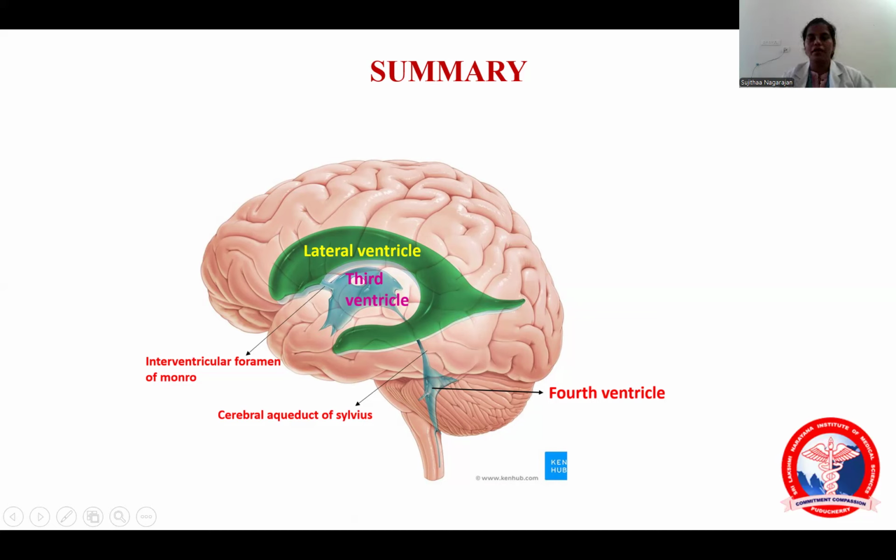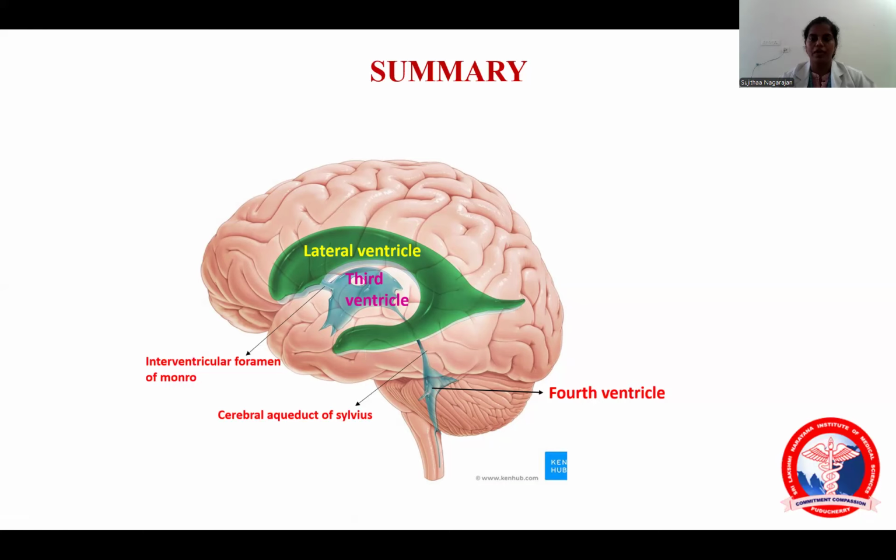The central part of the body is present within the parietal lobe of the cerebrum. The anterior horn is present within the frontal lobe, the posterior horn within the occipital lobe, and the inferior horn within the temporal lobe.